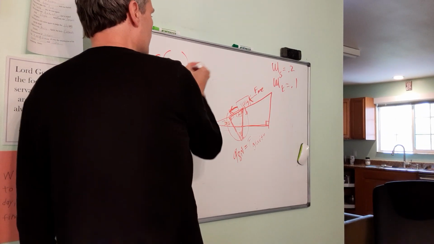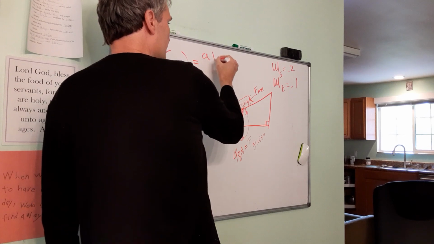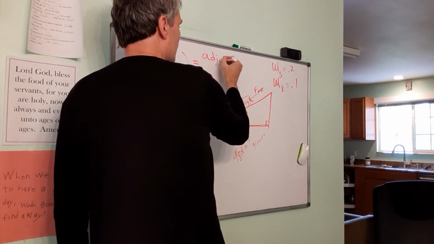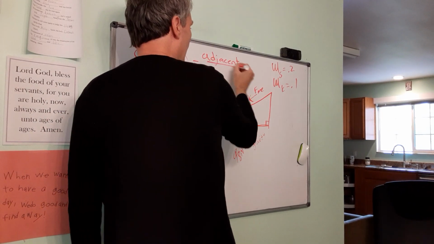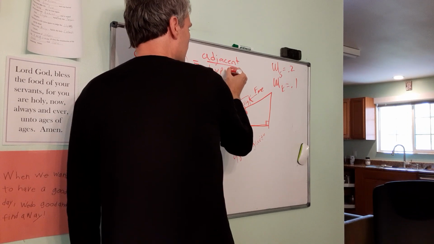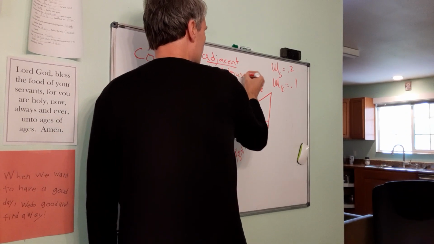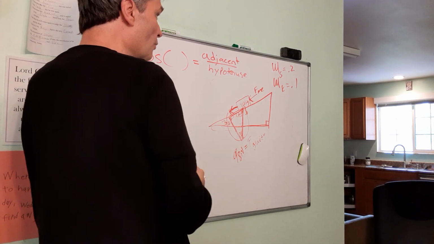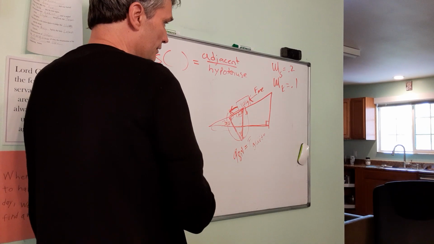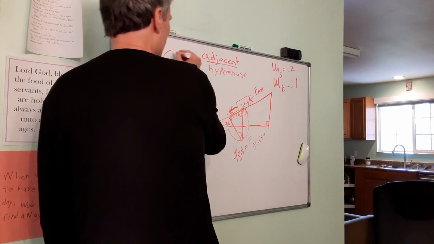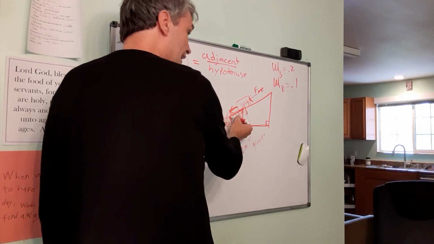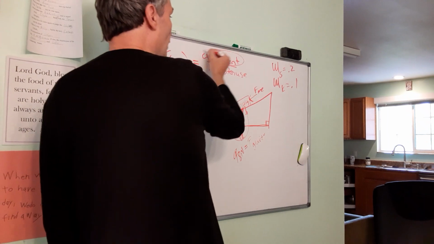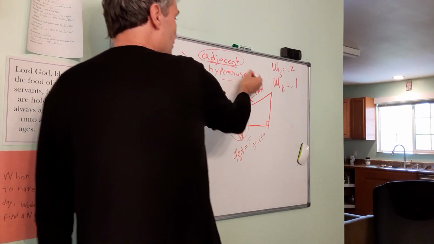Cosine of some angle is the adjacent side over the hypotenuse. So you have to pick an angle first to know what the adjacent side is. The 60 degrees. This is the adjacent side. That's the side we want, so that's the force we want to calculate. The hypotenuse we know.